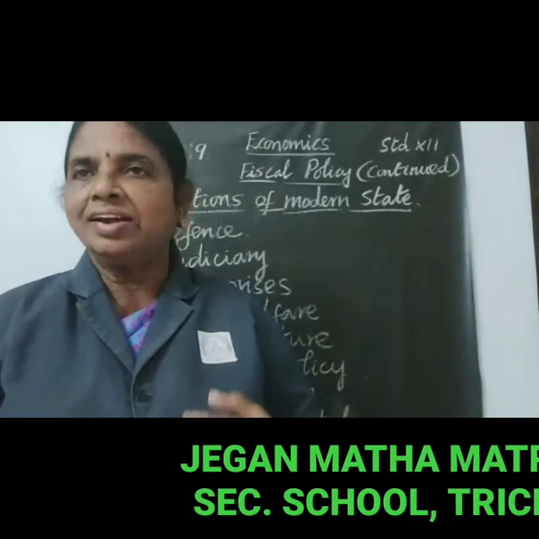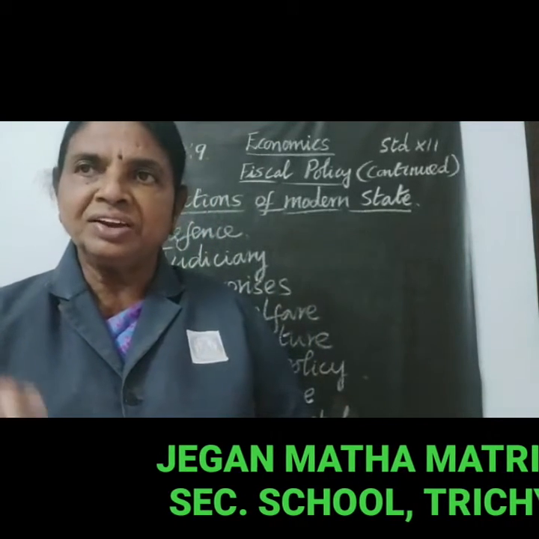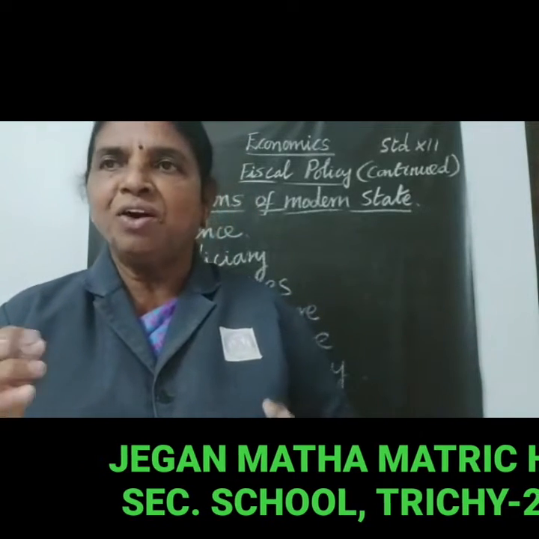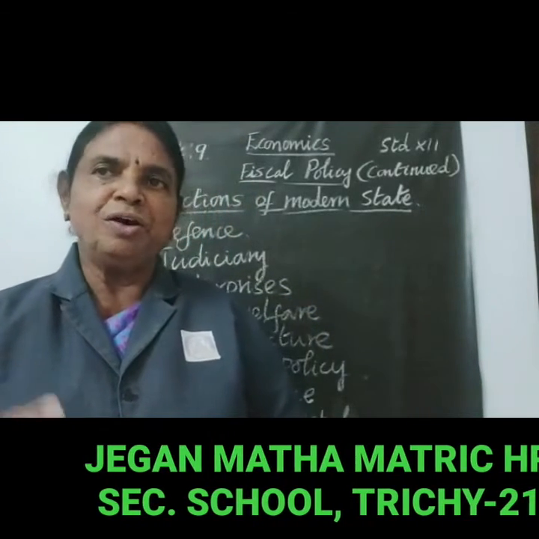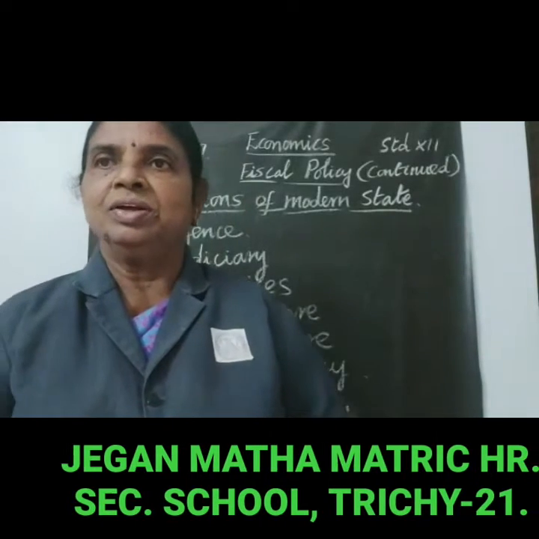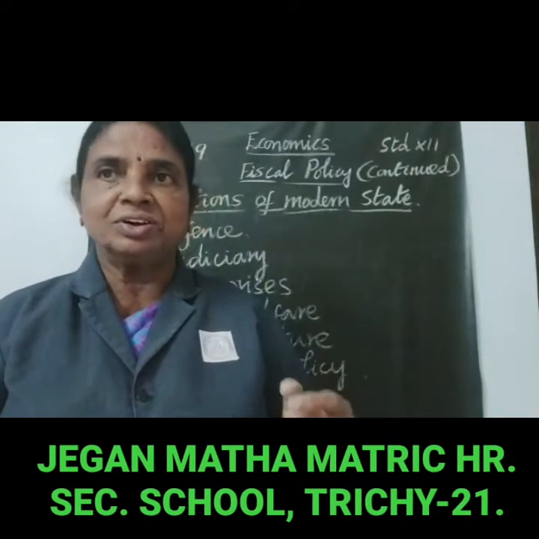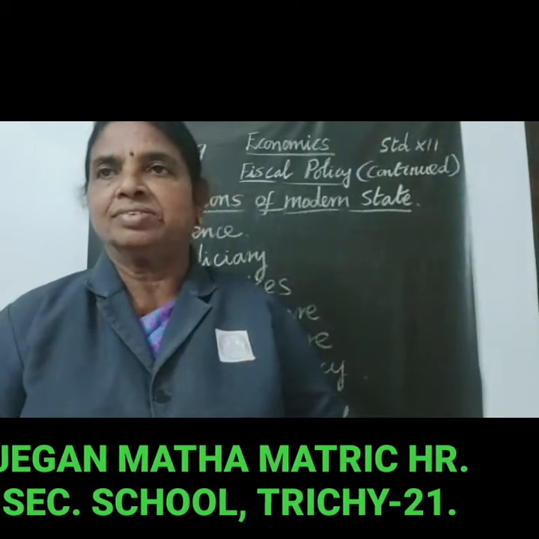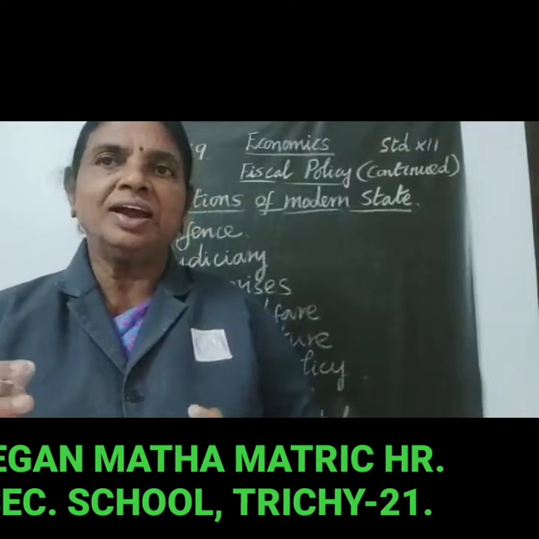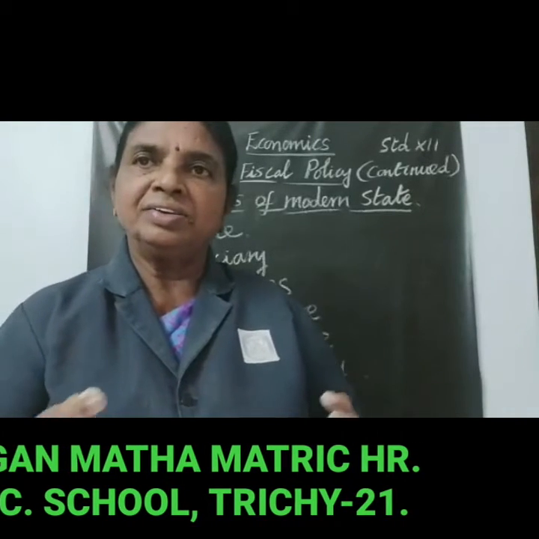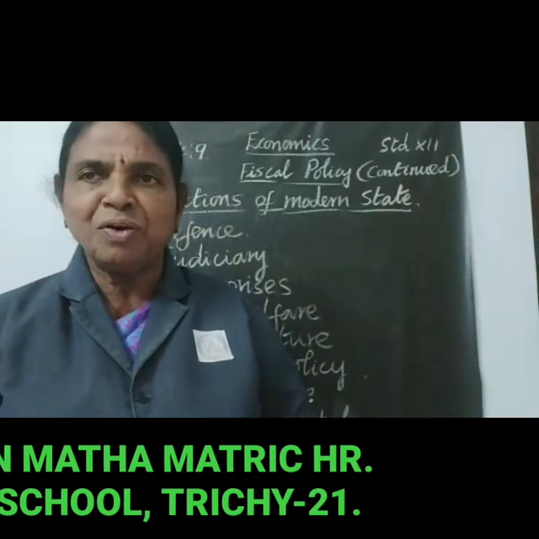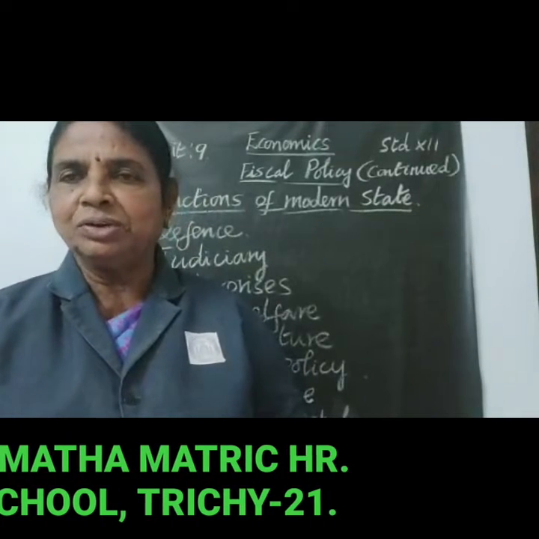And third is enterprises. The regulation and control of private enterprise fall under the purview of the modern state. The modern state has to control the regulation of the private enterprises. Ownership of certain enterprises and operating them successfully are the responsibilities of the government.